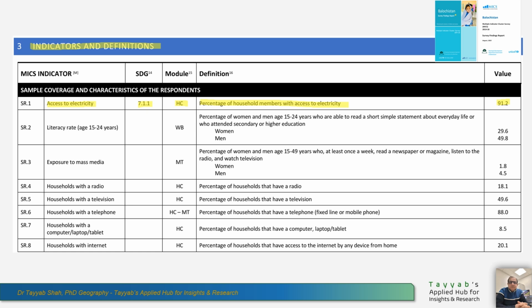For example, literacy rate is there, exposure to mass media is there. There are so many variables you can have a look at. This table is usually at the beginning of the report, and then you can see all those lists. Hundreds of variables are given on that list with the current status based on the survey as well.